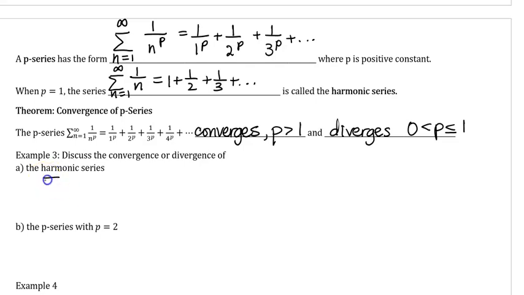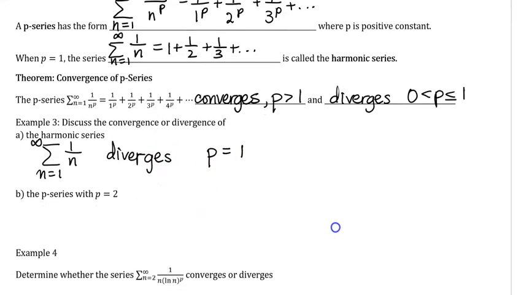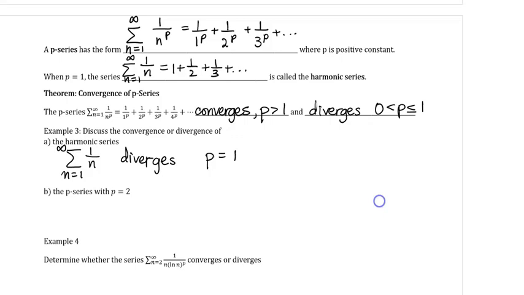So the harmonic series that looks like 1 over n diverges. That is a p-series where p is equal to 1. The p-series with p equal to 2 is a sum of 1 over n squared.